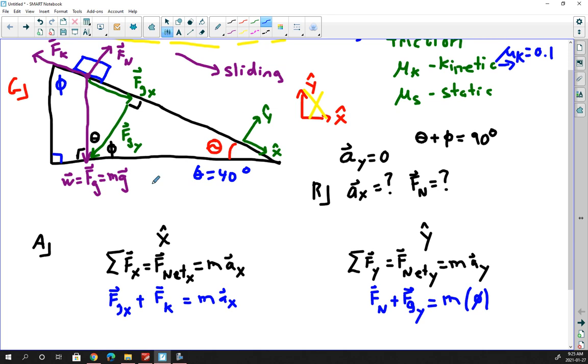Force of gravity x component, that's a positive direction, and I drop the vector notation. It makes substituting a lot easier later. Force of kinetic friction, look, we're getting this negative direction from the free body diagram. We're dropping the vector notation. The normal force is up the y-axis, so that's positive.